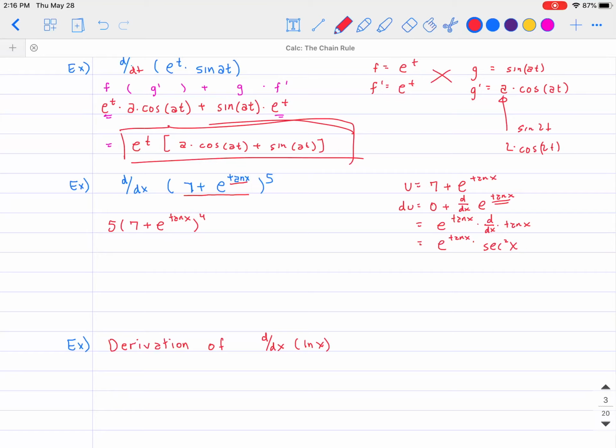So that's the outermost function's derivative. Next, I'm going to multiply by the inner function's derivative, which is e to the tangent of x, okay? Because that's that inner part. And then we're going to multiply by its inner function's derivative. So that's going to be multiplied by secant squared of x.